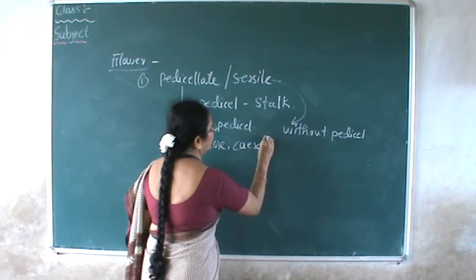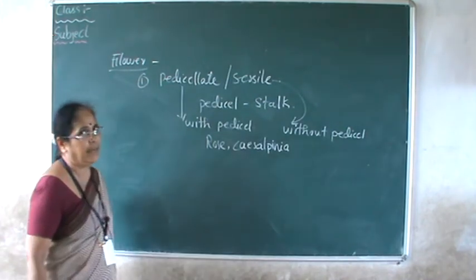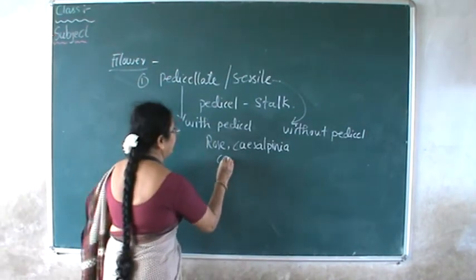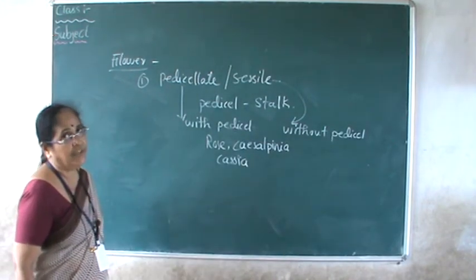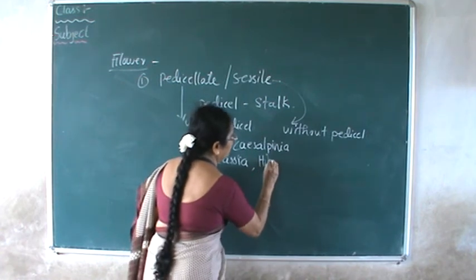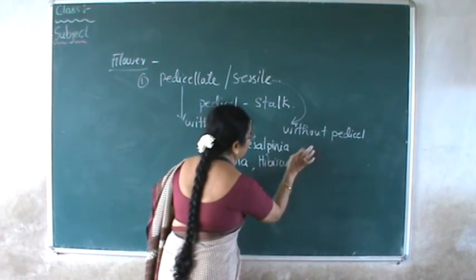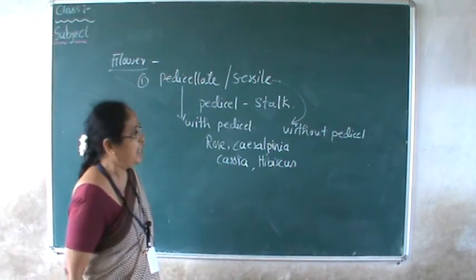Caesalpinia is a pedicellate flower. Cassia is a pedicellate flower. You can quote the example of hibiscus again, but we cannot quote only hibiscus for all the types. Hibiscus is also a pedicellate flower.